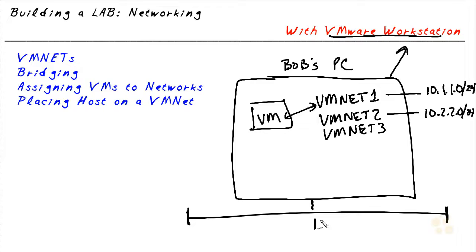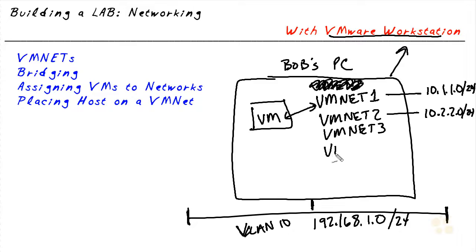Now, for the physical network down here is 192.168.1.0, and maybe this is also VLAN 10. From the physical network's perspective, we would have the option of bridging the network adapter on the VM over to that physical network.